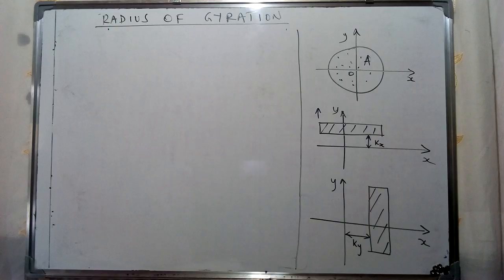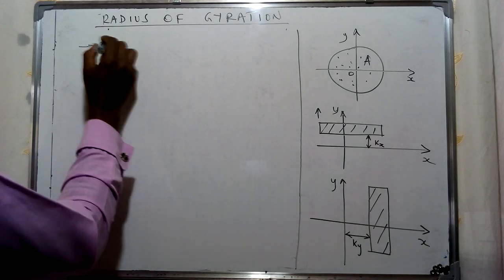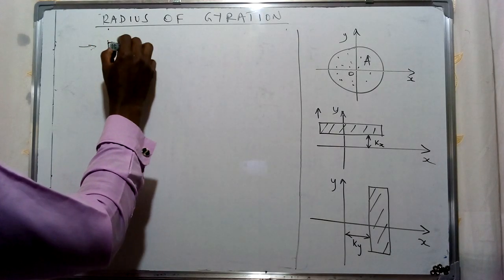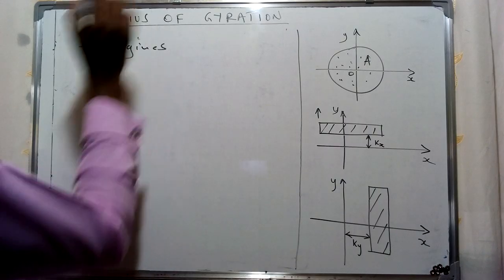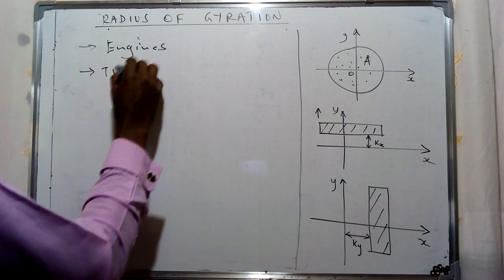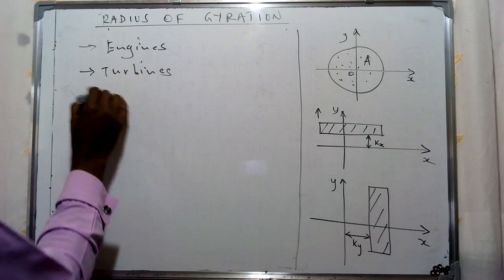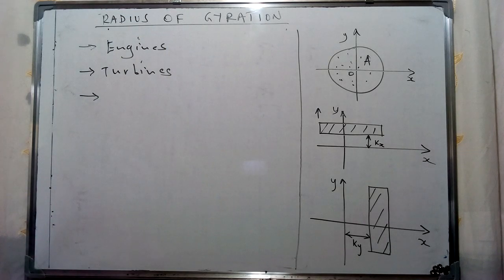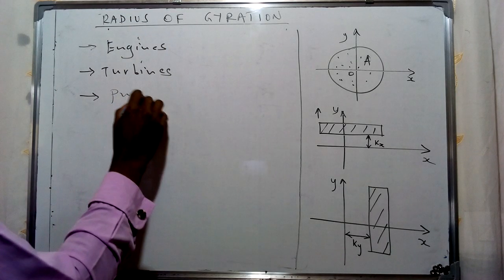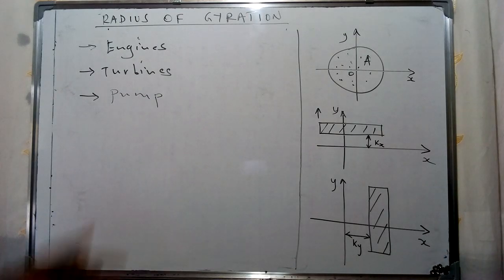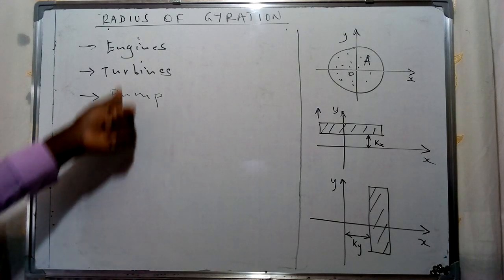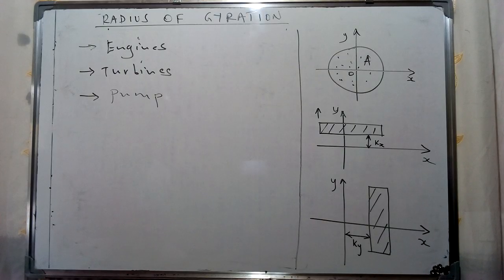This equipment is going to have what we call moments of inertia. The turbines, engines, and pumps I've mentioned are rotating machinery, which is going to have this aspect of the moment of inertia.